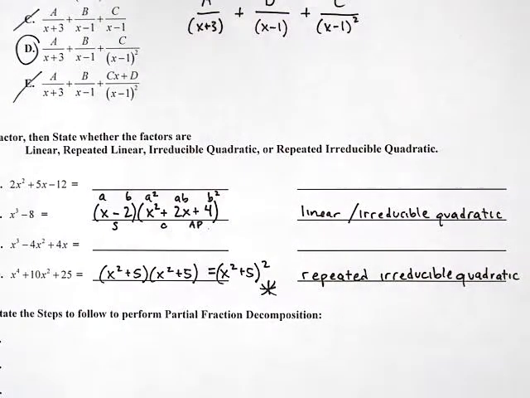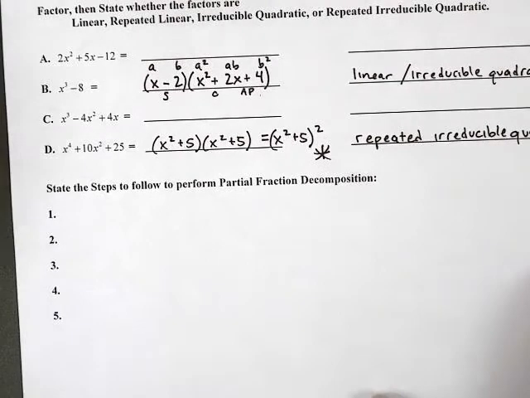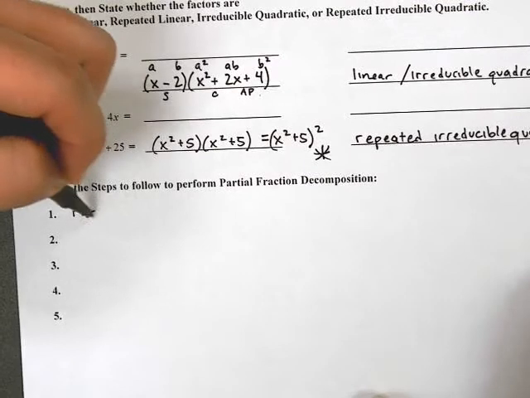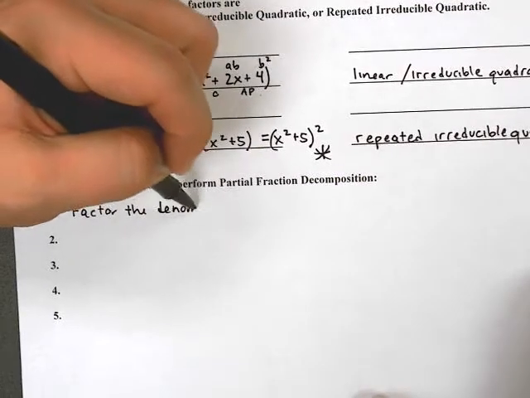Now our steps, we should talk about these again. I'm going to go through them quickly because I want to get started so I'm not wasting your weekend away. First thing, you know it, we have to factor the denominator. Why do we do that?